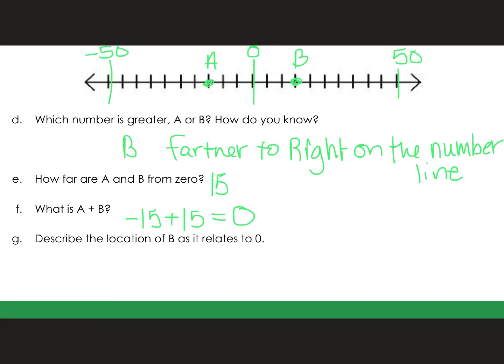Describe the location of B as it relates to 0. B is what? 15 to the right of 0.